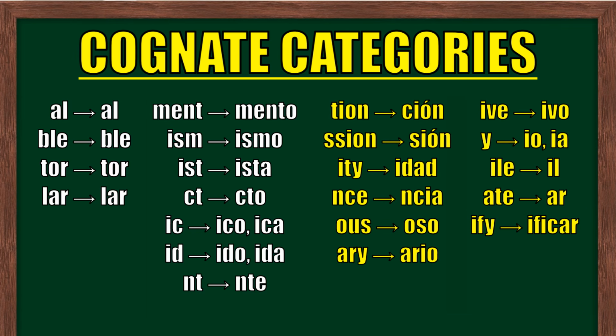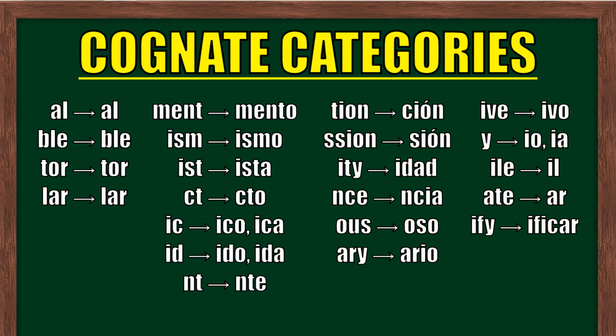We have tion to ción, ssion to sión, ity to idad, NCE to NCIA, ous to oso, ary to ario, ive to ivo, y to ia, il to il, ate to ar, and ify to ificar.